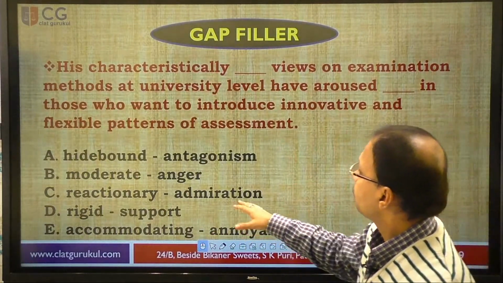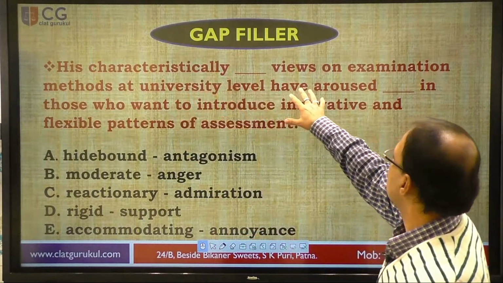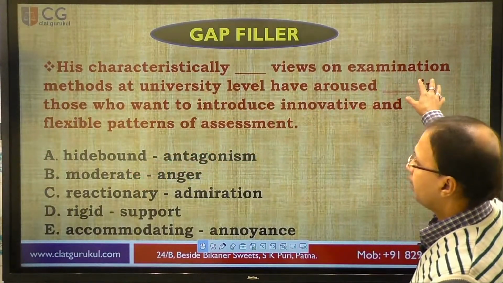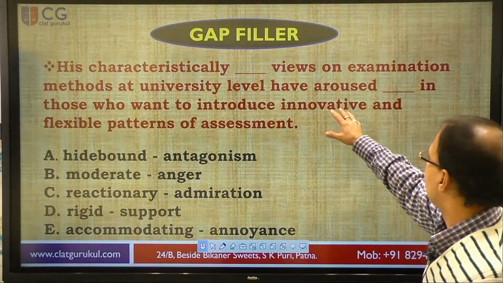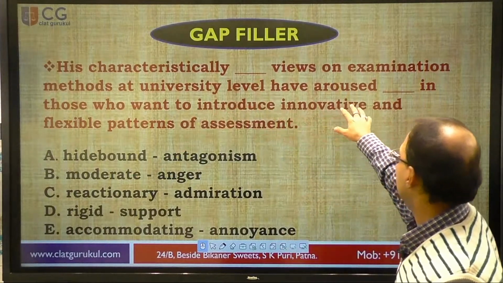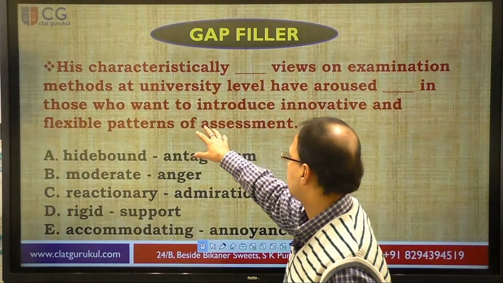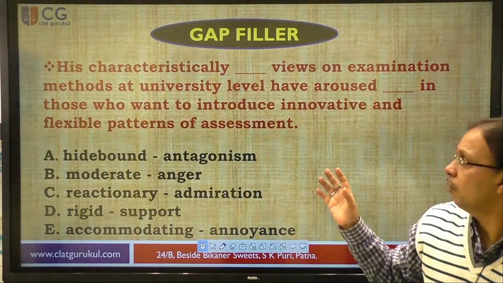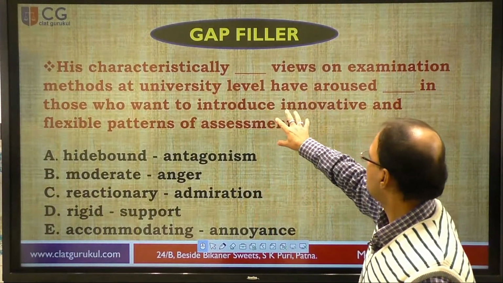Fine. So his characteristically dash views. What kind of views? Hidebound views on examination methods at university level have aroused antagonism in those who want to introduce innovative and flexible patterns of assessment. Now, if you go through the sentence, you find that the second part of the sentence is the positive impact.